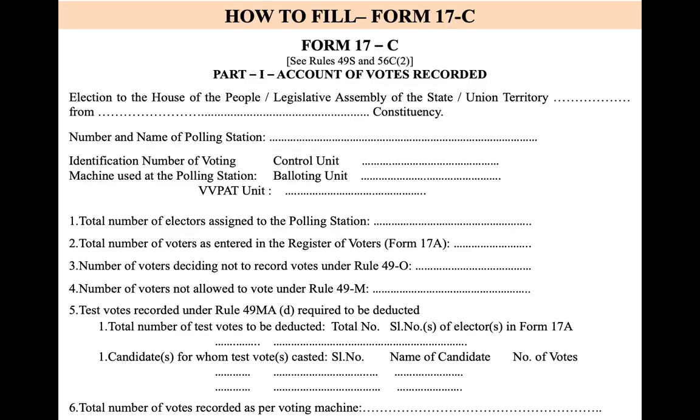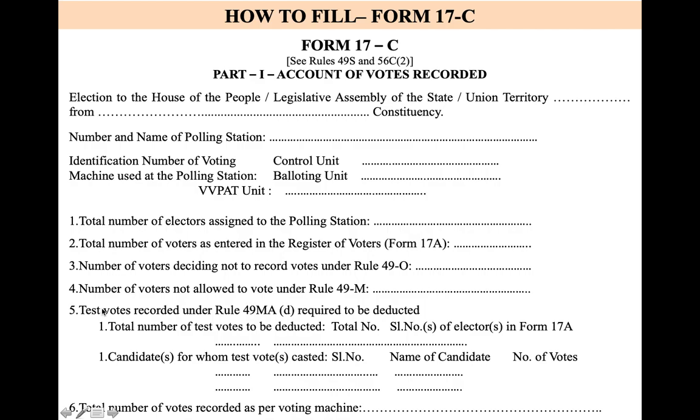So when you see form 17C, in point number 3, we will enter the number of voters who did not want to vote. And in point number 4, we'll enter the total number of voters whom the presiding officer did not allow to vote on the poll day for many reasons. For example, he did not agree to put his signature in Form 17A, or he did not agree to get indelible ink on his finger.